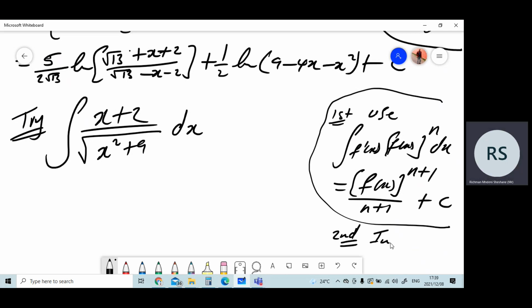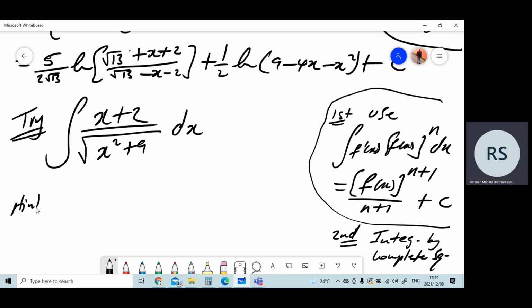integration by completing the square. Okay, so how do you simplify this? You treat f of x as x squared.